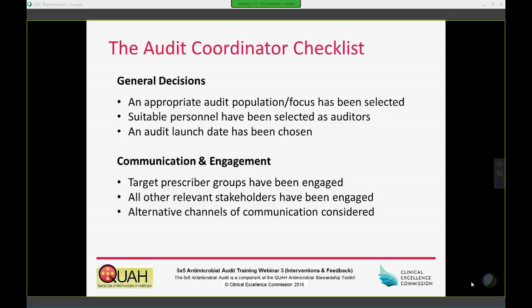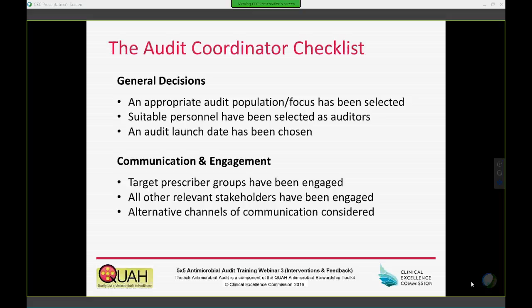You'll need to select suitable personnel as your auditors, and ideally we would recommend doctors, pharmacists or registered nurses who have an interest in antimicrobial stewardship. And an audit launch date has to be chosen. So that's the date that you're actually going to commence your data collection.